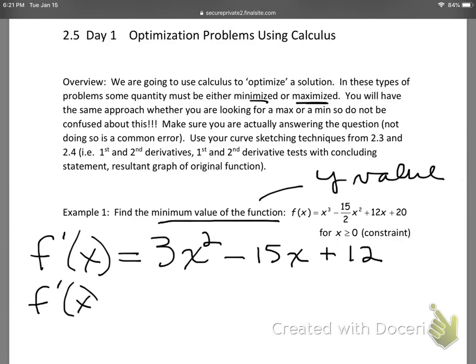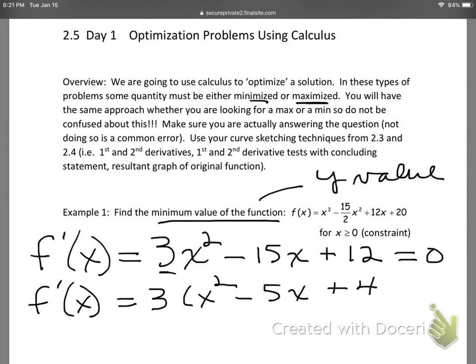So first thing I'm going to do, because I know I'm going to set this equal to 0, is recognize I have to do some factoring. Now when you factor, you can go ahead and do hard factoring, which means that you are going to include this 3, or what you can do is first factor out the 3. That would be my recommendation. Okay, so I factor out a 3 there, a 3 there, and a 3 there.